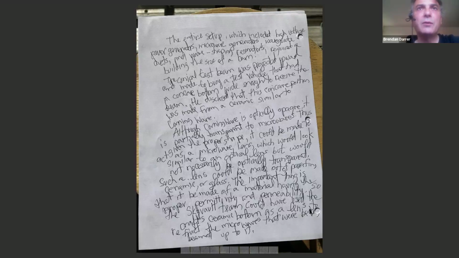Such a lens could be made out of paraffin, ceramic, or glass. The important thing is that it be made of a material having the proper permittivity and permeability. So the Skyvault team could have used the craft's ceramic bottom as a lens to refract the microwaves that were being beamed up to it.